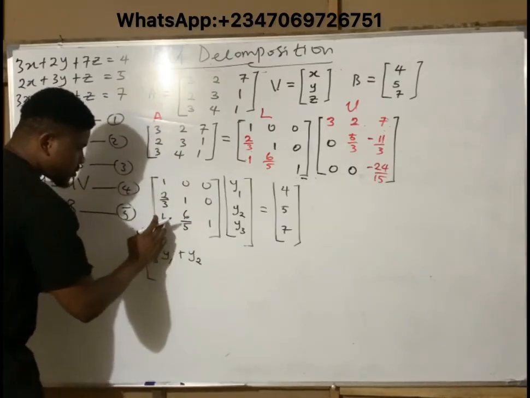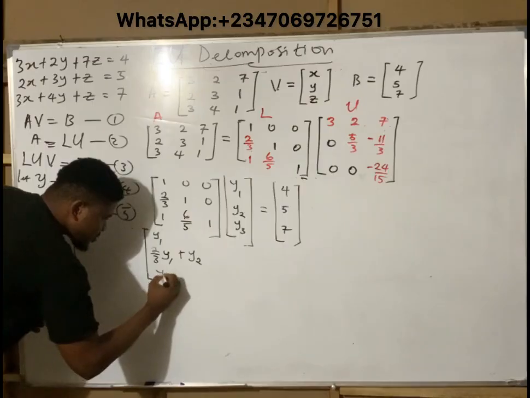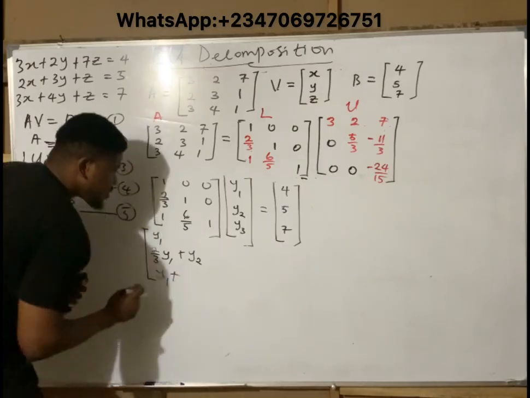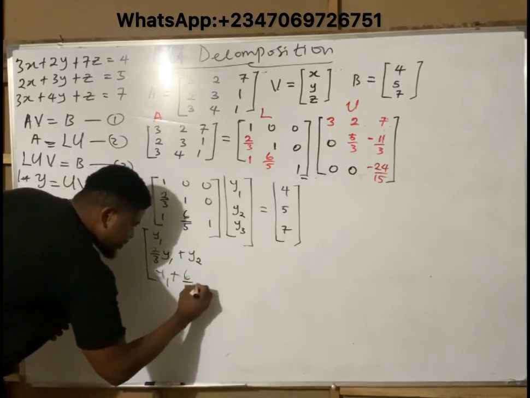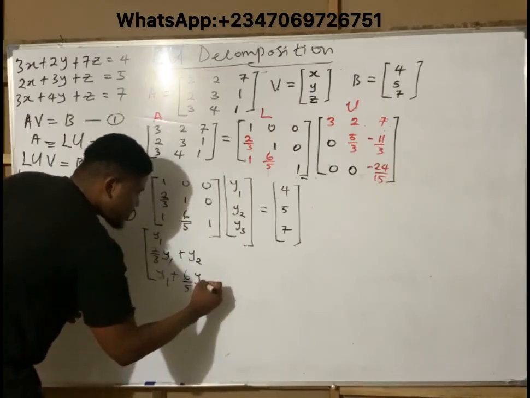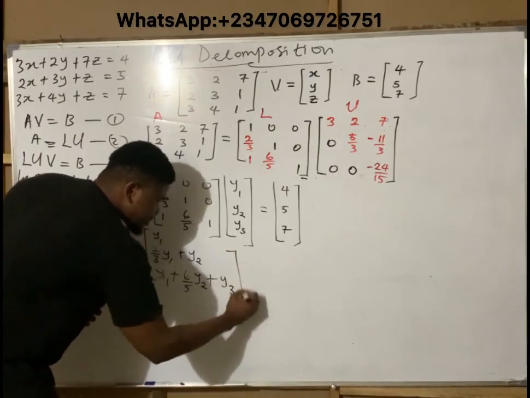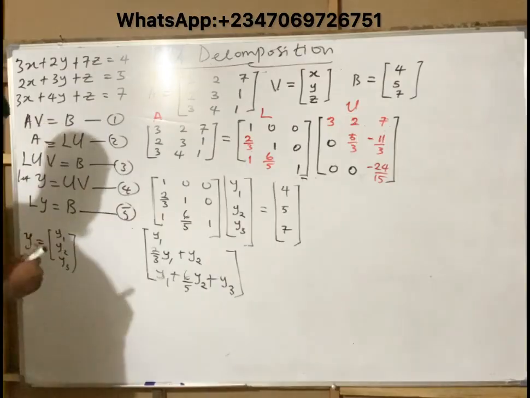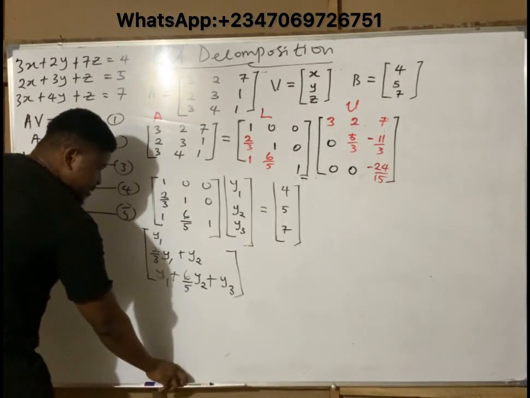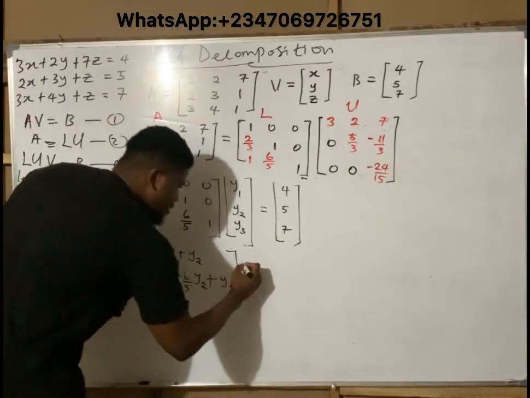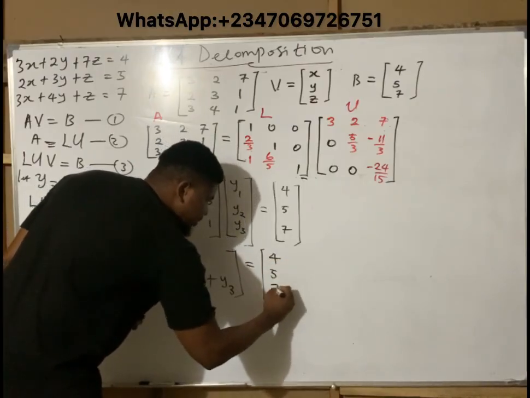We move now to the third row. 1 times y1, which is y1, plus 6 over 5 times y2, 6 over 5 y2, plus 1 times y3, which gives us y3. Okay, so now that we are here, the whole of this is equal to the constant 4, 5, 7.